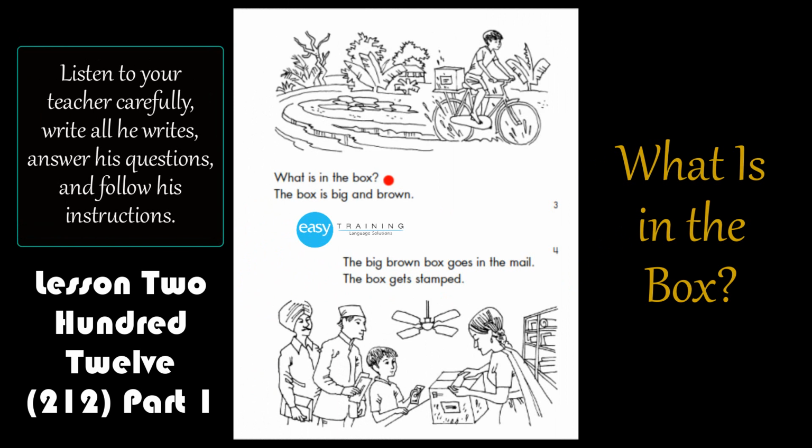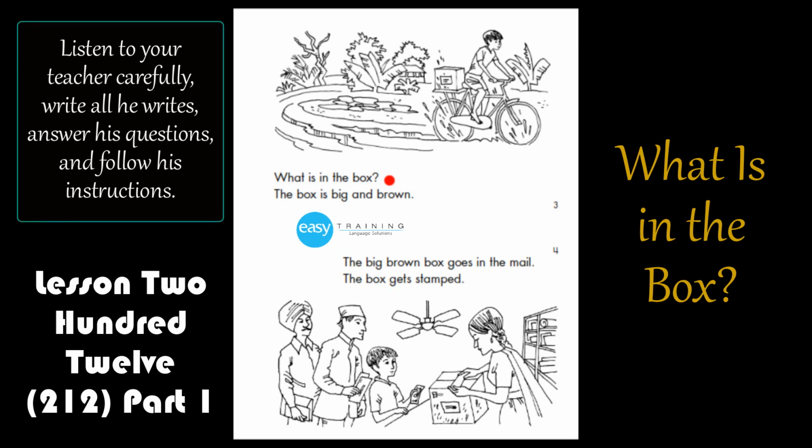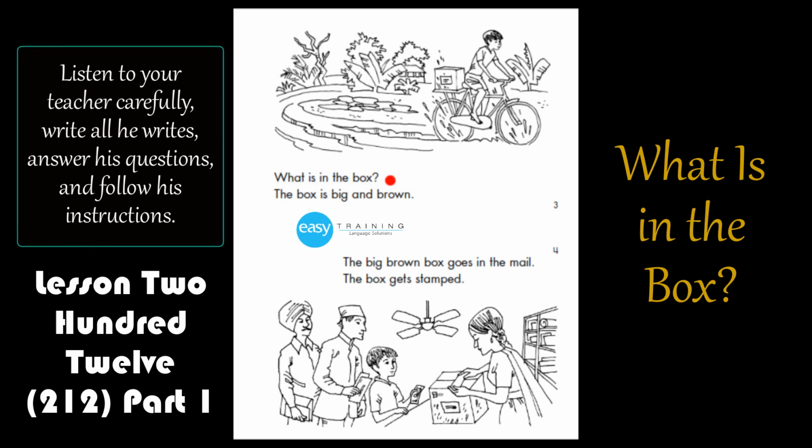Well, this lesson begins with the question, what is in the box? You and I don't know what is in the box. It refers to this box. The only thing we know about the box is that it is big and brown.